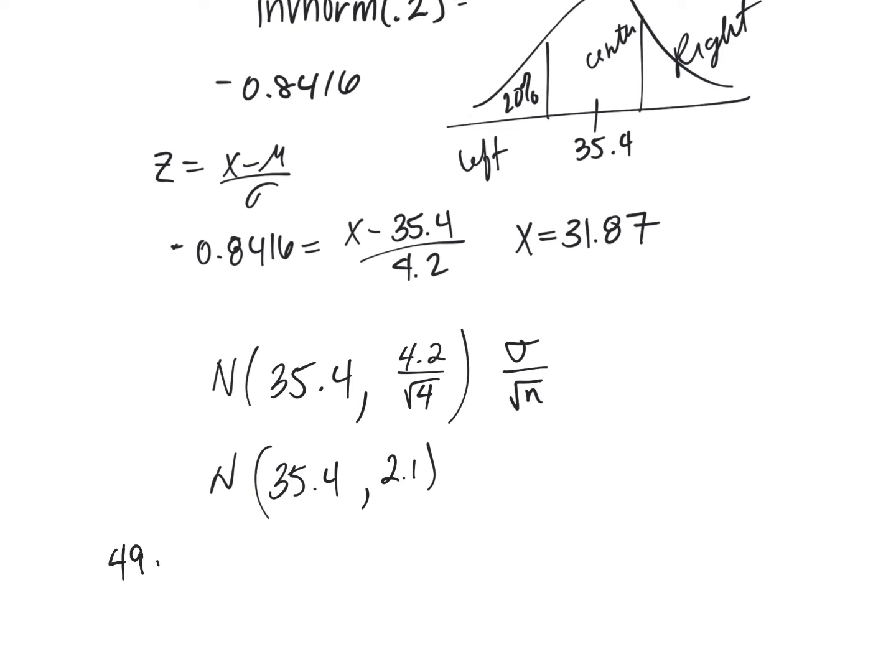Okay, 49C. A waiter believes the distribution of his tips has a model that's slightly skewed to the right with a mean of 9.6 and a standard deviation of 5.4.